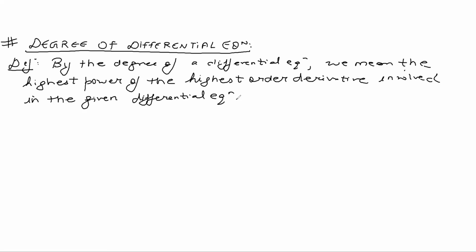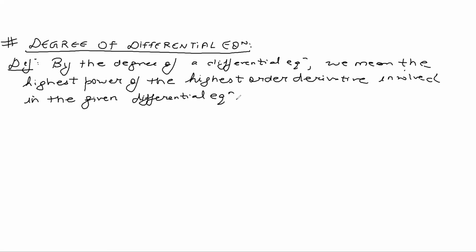So by the degree of a differential equation, we mean the highest power of the highest order derivative. That means in the equation, you look for the highest order derivative. What is its highest power? That will give you the degree of the differential equation. But guys, remember the main condition: you can find the degree only if the equation is a polynomial in derivatives.